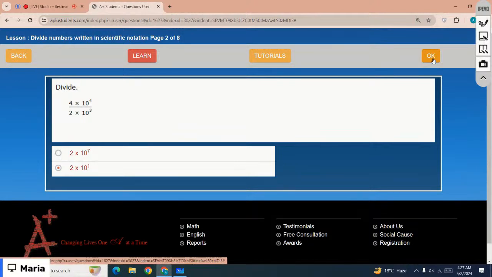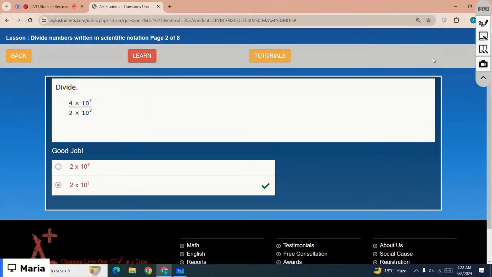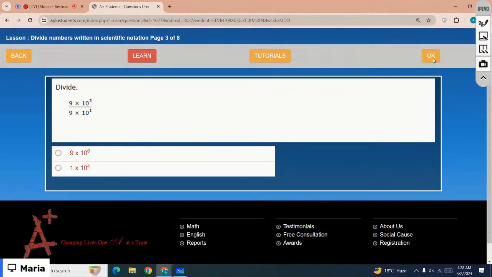Okay, the next one is 9 times 10 exponent 5 divided by 9 times 10 exponent 1. Which is the correct option?